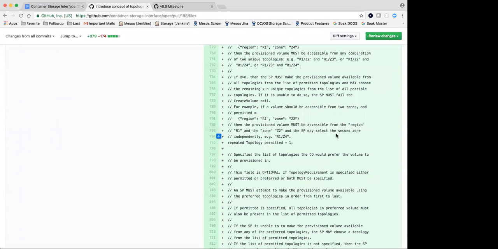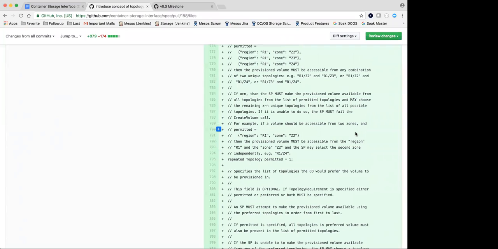I believe the point of disagreement has been on whether the way that you express topology should be a verbose map of key values, or whether it should be a flat string. To illustrate that, I can use an example of, let's say, zone and rack.